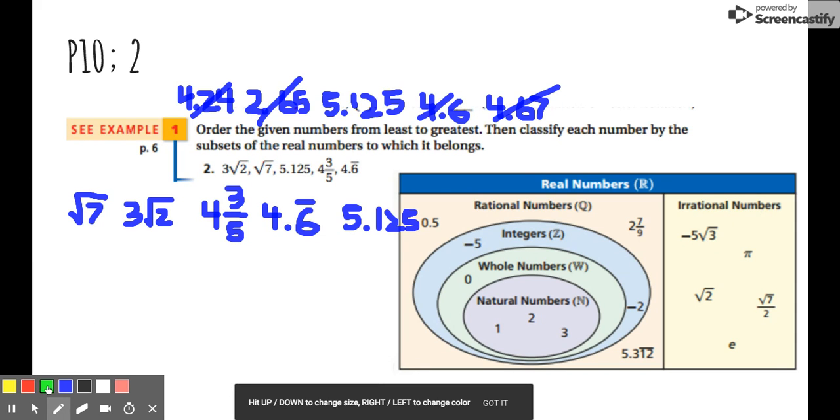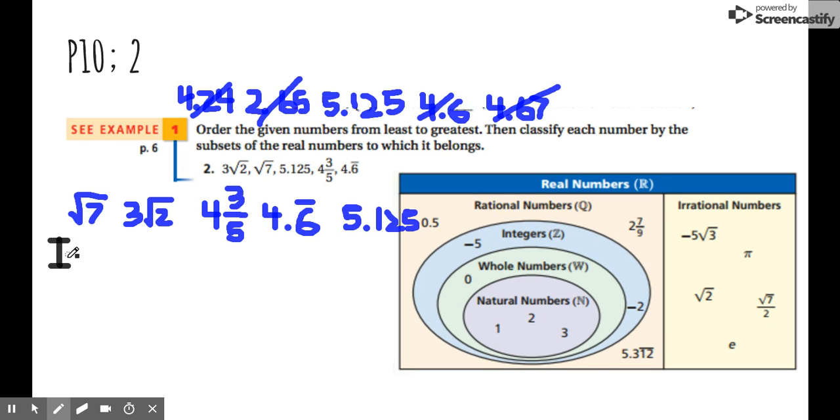Pi is an irrational number. So subsets, let's just change the color to black. Square root of 7 is not a finite or repeating decimal, so it's irrational. Three root 2, again, irrational.